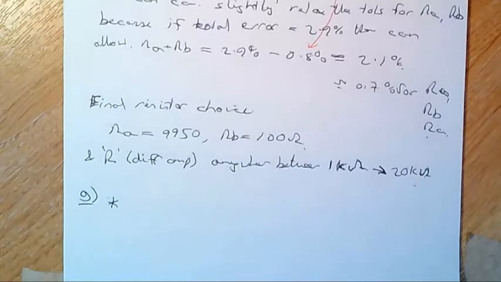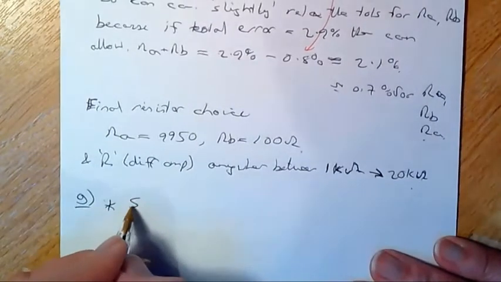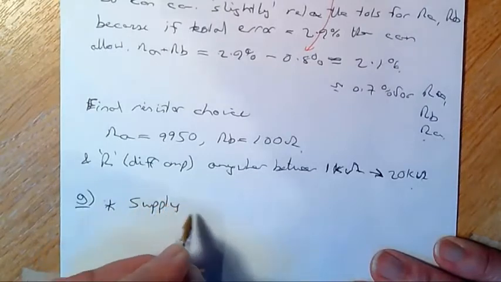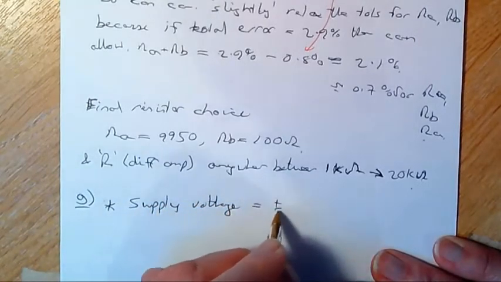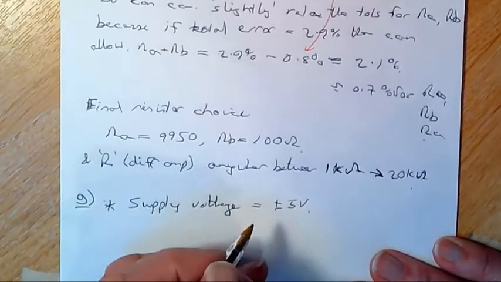And the challenge that you're being asked here is you need to think about what problems this circuit would have in practice and how might you solve them. So you've calculated out that you've got a limited supply voltage, or you've been told you have a limited supply voltage. Supply voltage equals plus and minus 5 volts.